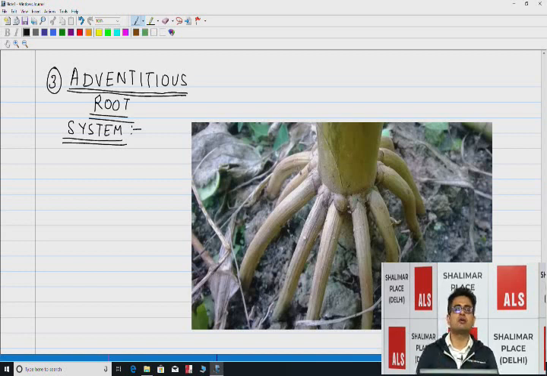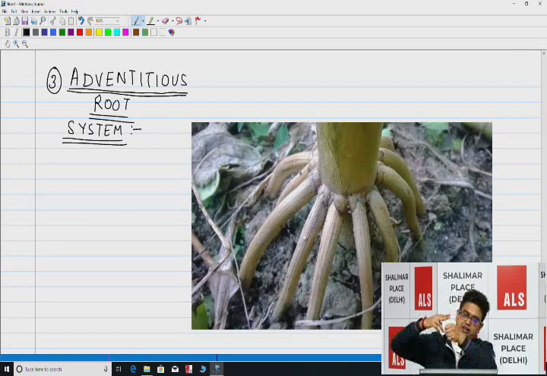Everybody has, I think, a money plant at home. Everybody knows what a money plant is, yes? Okay. So money plant, how do you grow it?